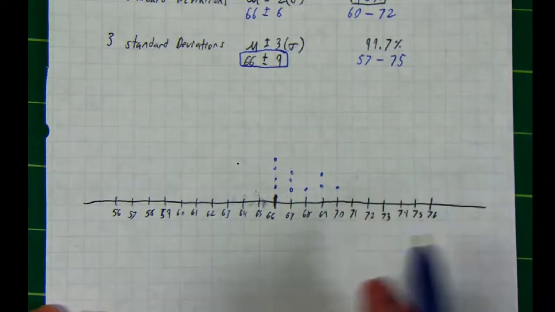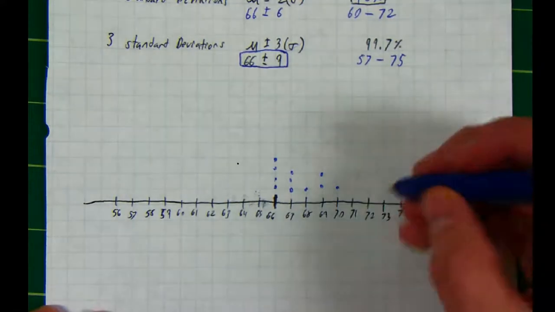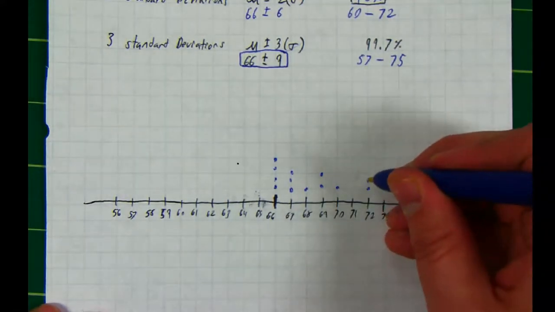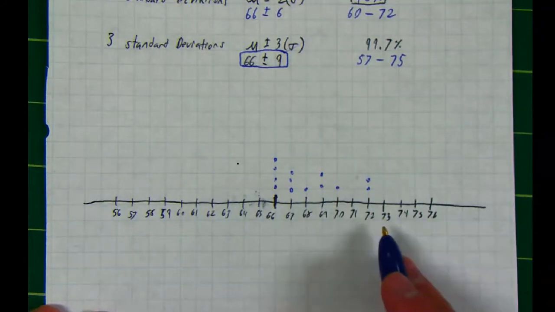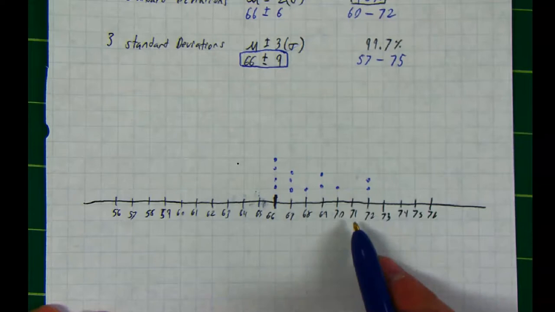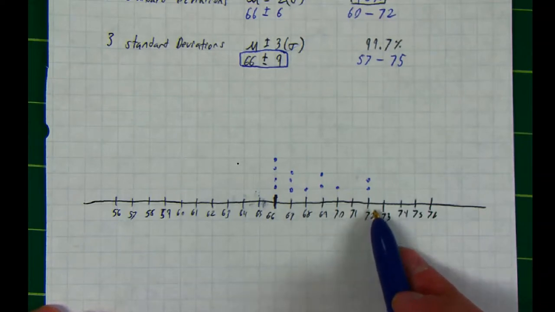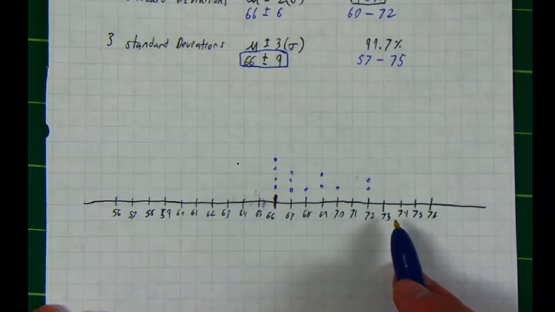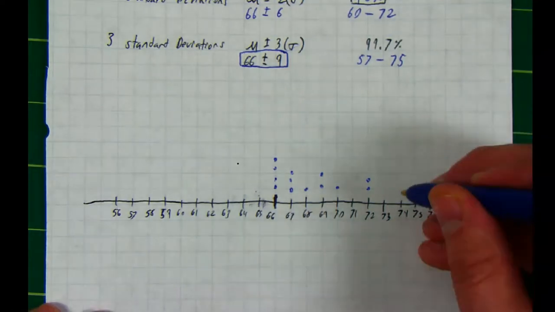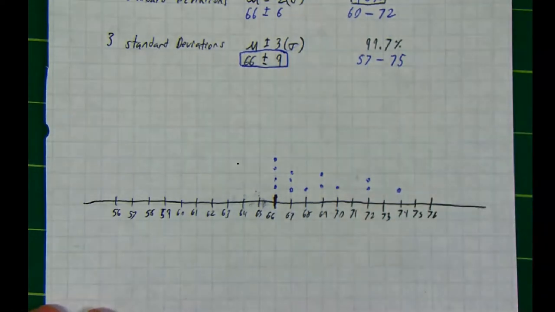No one at 71. 2 people at exactly 6 foot. No one at 73. And let's say I got 1 person at 74 inches or 6'2".